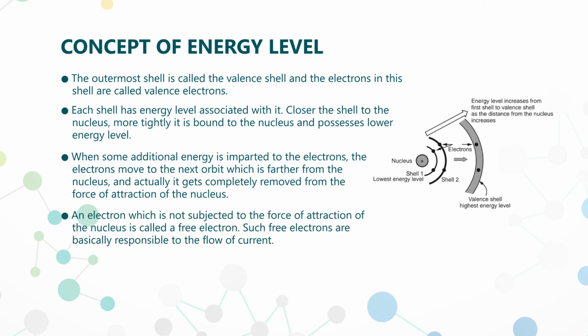An electron which is not subjected to the force of attraction of the nucleus is called a free electron. Such free electrons are basically responsible for the flow of current. That is, a free electron is one that is not pulled towards the nucleus by its force of attraction. These unbound electrons are essential for the flow of current.